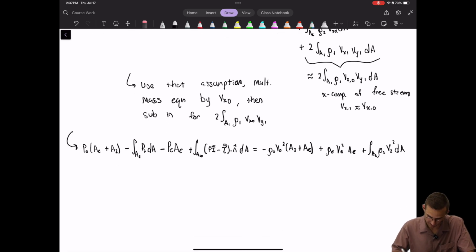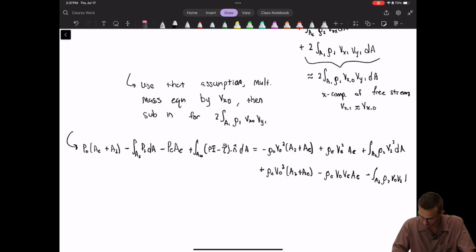Okay, and then the next line that I'm going to write is coming from the substitution, where we have plus rho naught v naught squared now, a2 plus ae, minus rho e v naught ve ae, minus the integral over a2 of rho 2 v naught v2 dA, plus m dot f v naught.